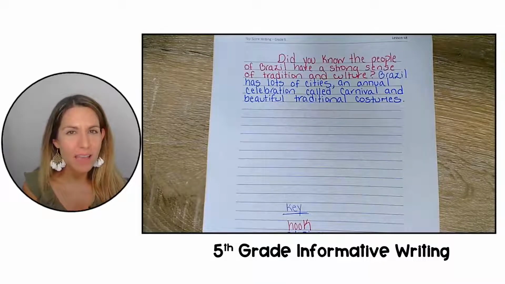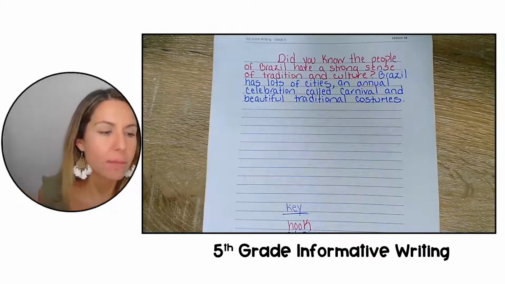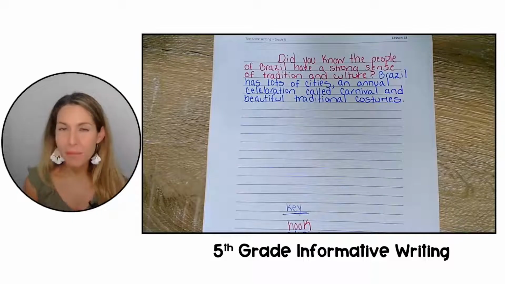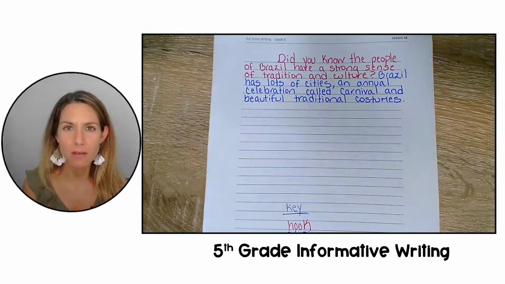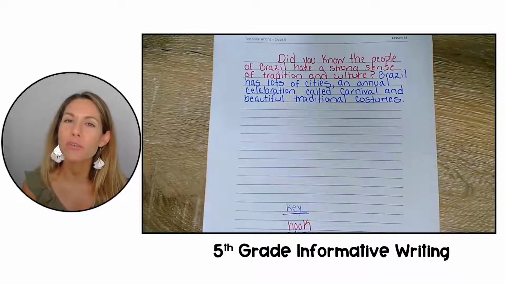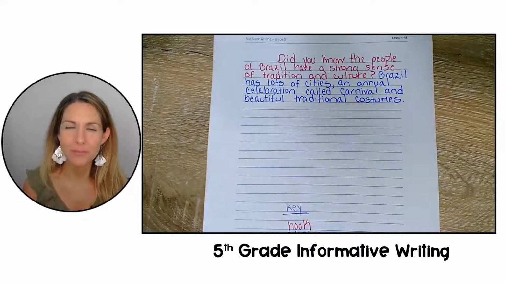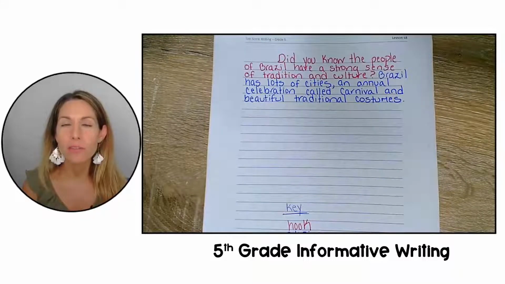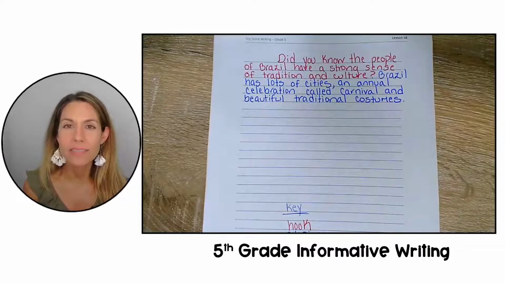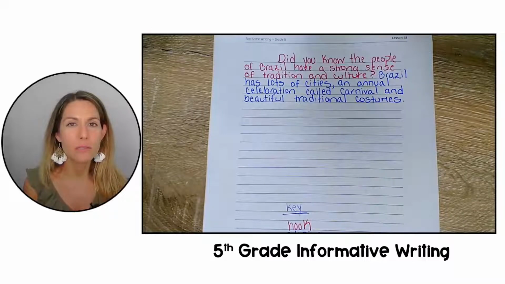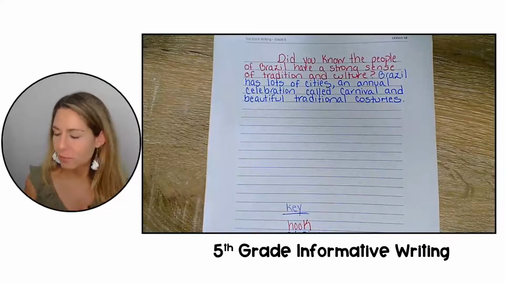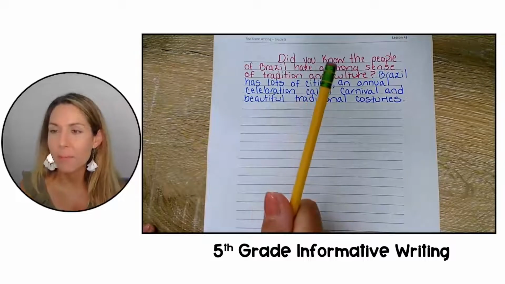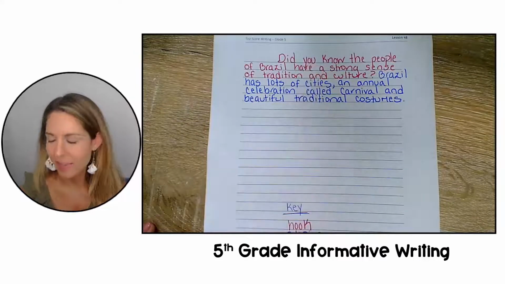If I had done that, it wouldn't have made sense. So I'm going to show you what I mean now. I'm going to show you something called a non-example, which means I'm going to show you what not to do. Sometimes all of us learn really well by seeing what not to do and what we should do. So I'm going to do my non-example in pencil. That way I can erase it at the end.